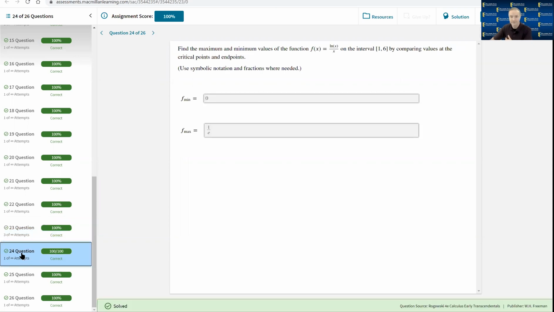For 24, this is the last of these extreme value theorem problems. We have the natural log of x divided by x on the interval 1 to 6, and we're trying to find its maximum and minimum value.